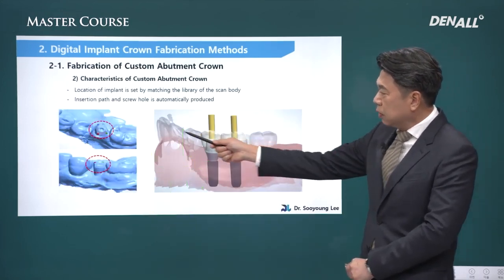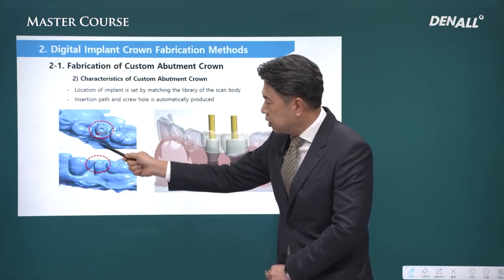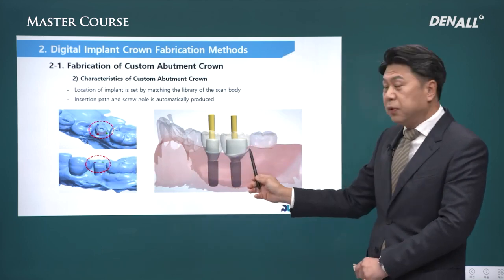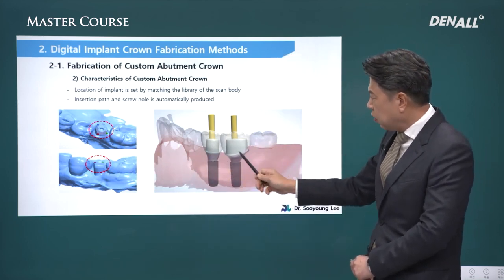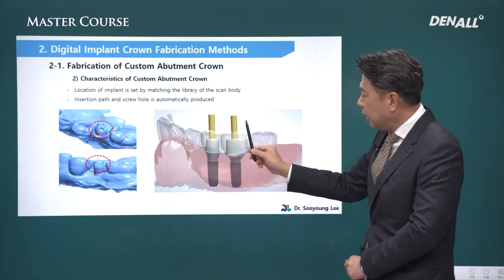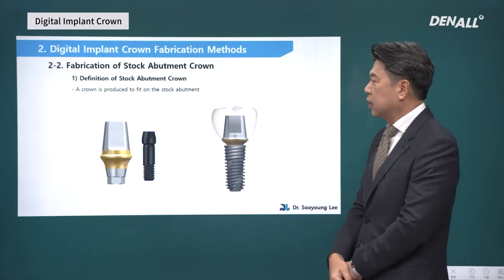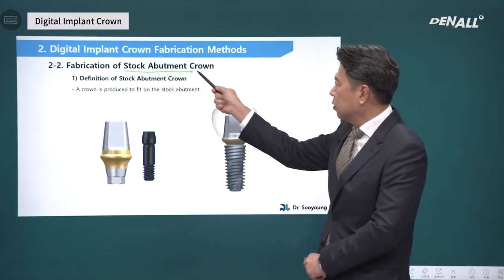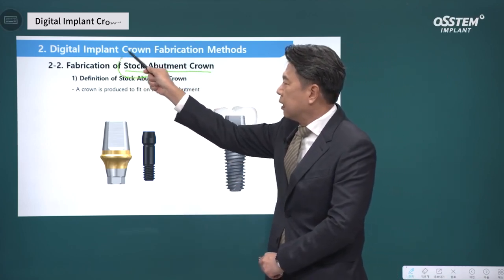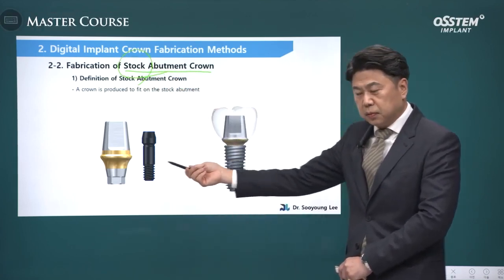As I said before, the scan body impression is taken, and if points are marked, the merge process begins. Implant positions and directions are determined. After that, abutments and crowns can be designed. On the other hand, for stock abutment crowns, as opposed to custom abutments, transfer abutments are usually used.